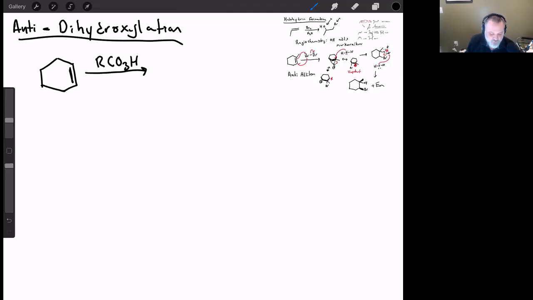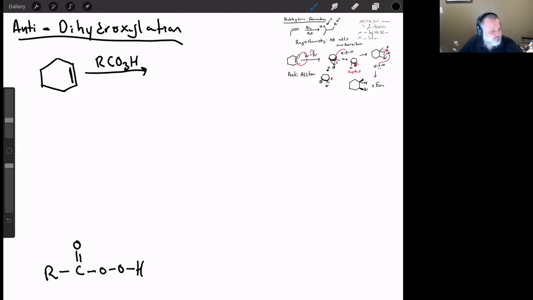But if I react an alkene with a peroxy acid, and RCO3H looks like this, it's a carbonyl group that has a peroxide on the other side of it. It's almost like a carboxylic acid, but it's actually a peroxide. So that's RCO3H. And so if you react that alkene in the presence of peroxy acid, you form an epoxide.